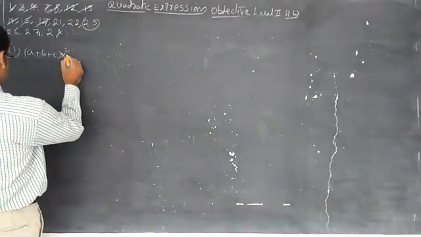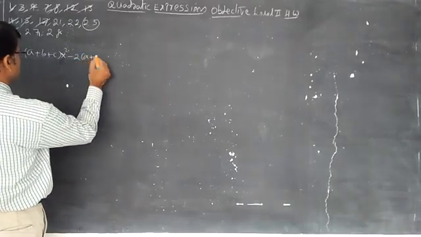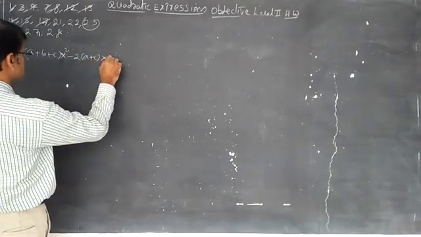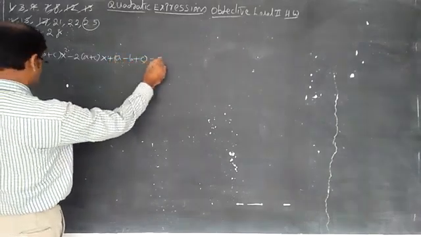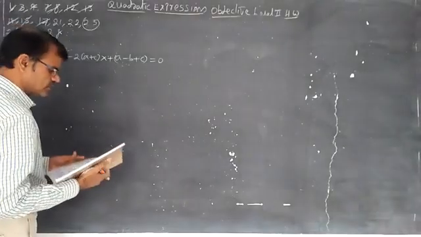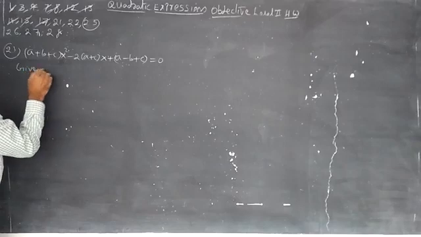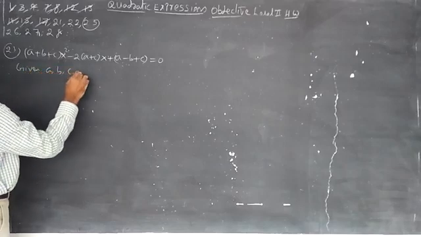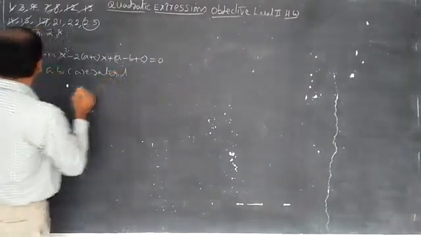That is the theory. The equation is (a plus b plus c) x square plus 2(a plus c) x plus (a minus b plus c) is equal to 0. Given a, b, c are rational.